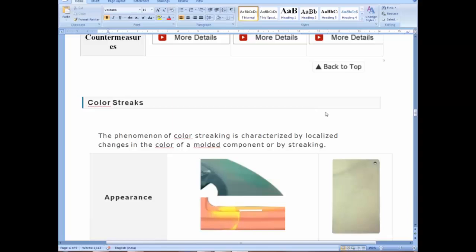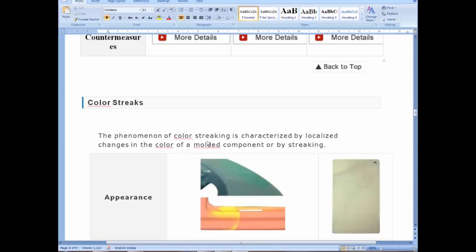Okay, so we were going to discuss this color streaks defect. Sometimes what happens is that we give some additional color to our plastic part. So if the color mixing is not proper, then these color streaks or color lines appear on the part.